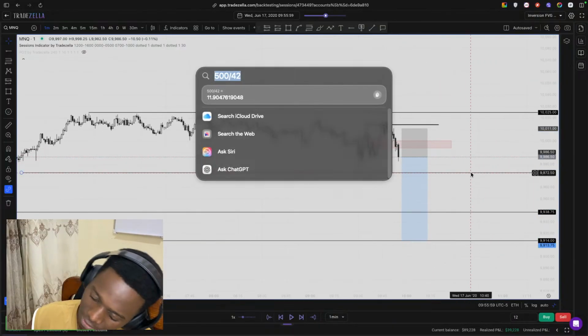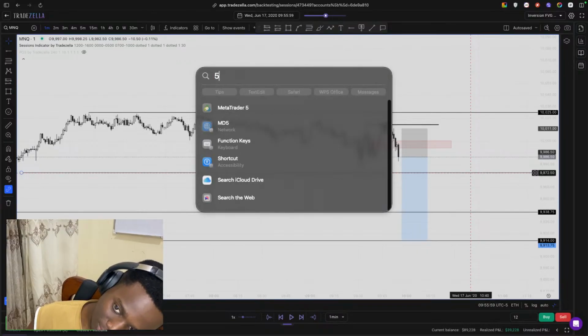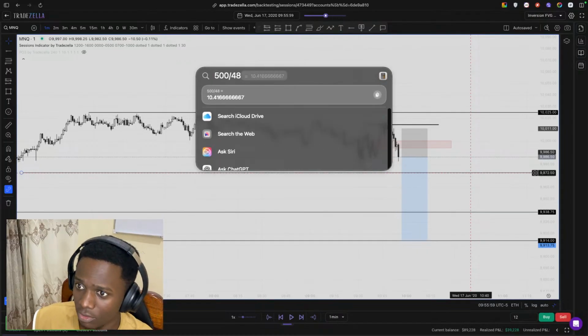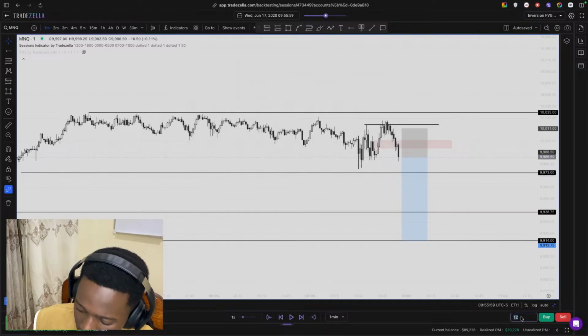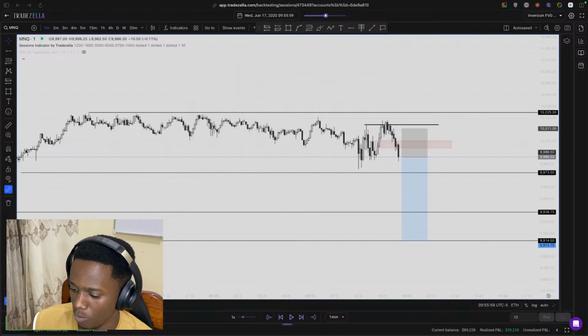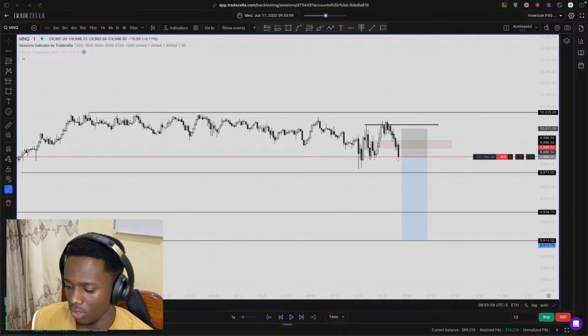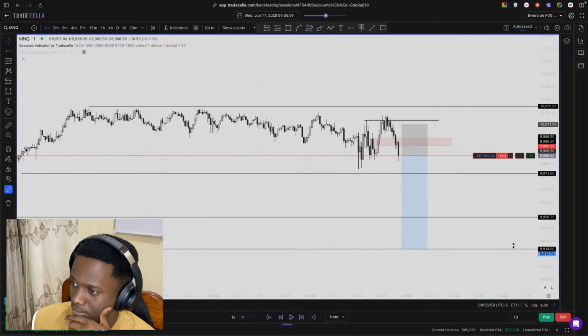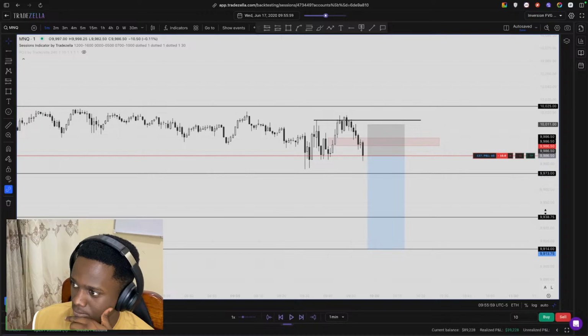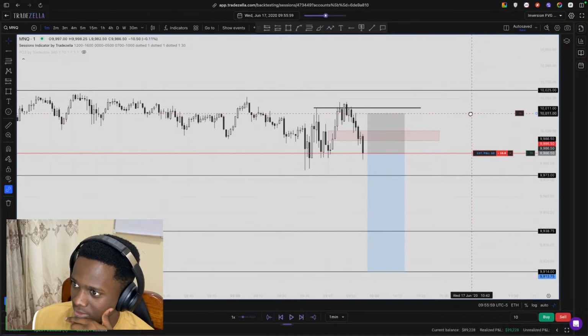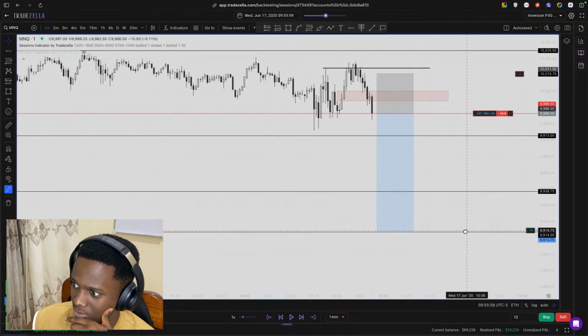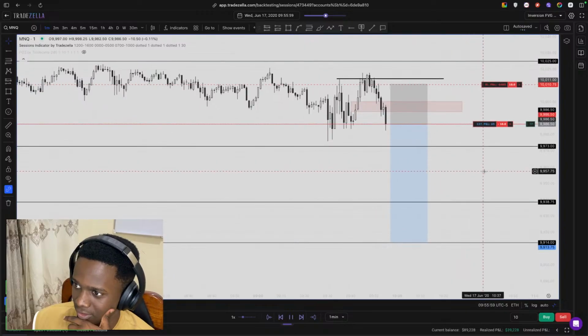That will be obviously 500 over 48, close to 10, actually if not 10. The stop will be at this high here, and then take profit at this low. Now let's see if it moves.